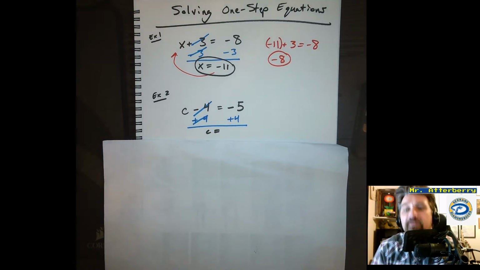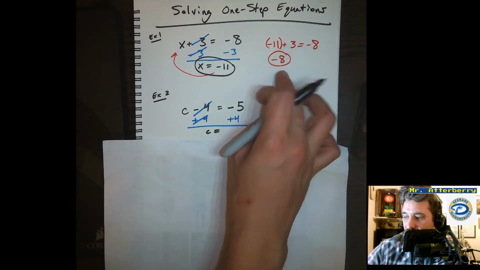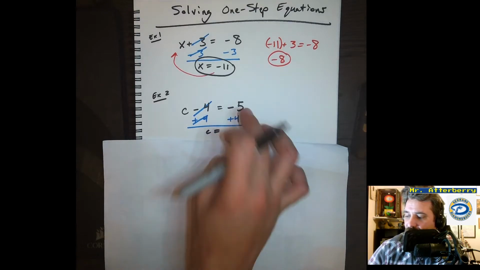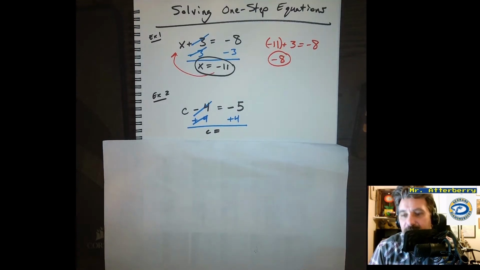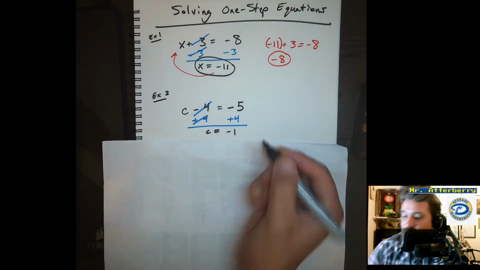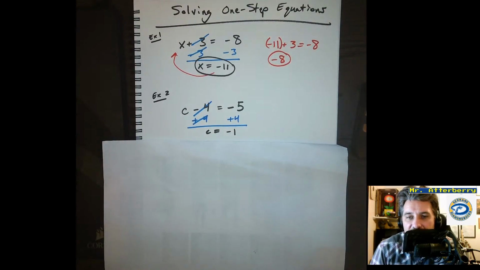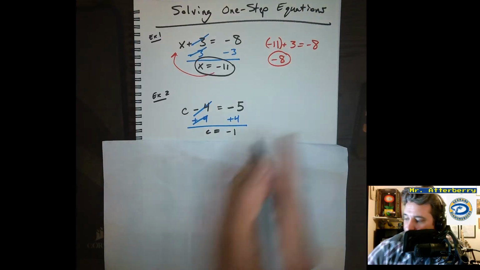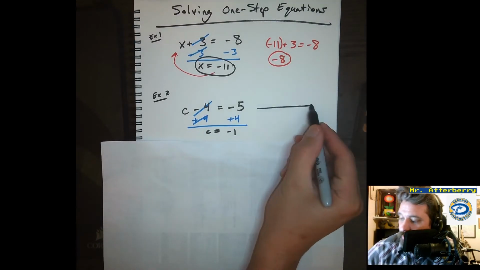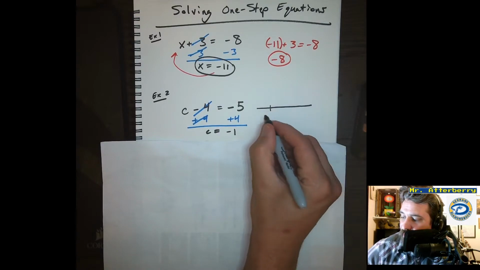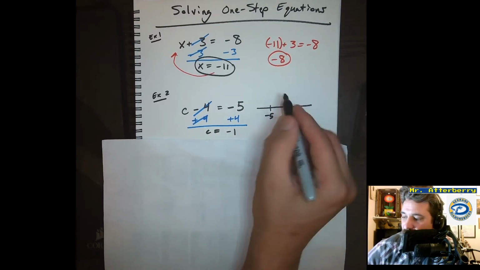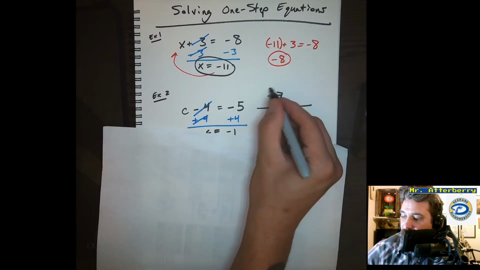It becomes 0. The right side, however, is a similar situation as we had here, where we have a minus 5 with a plus 4. That result is going to be a negative 1. Minus 5, but you're adding 4. One way to think about this, if you struggle with it, is that you're at negative 5 on the number line, but you're going to go right positive 4.